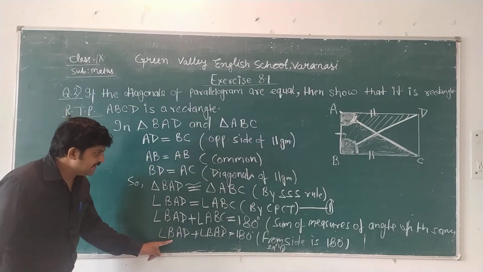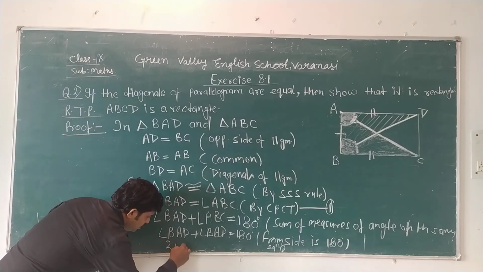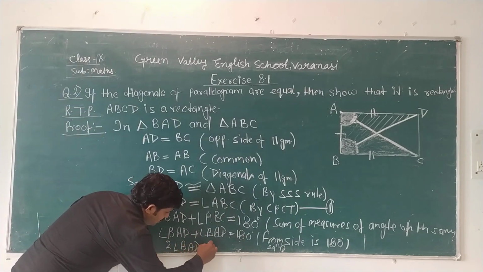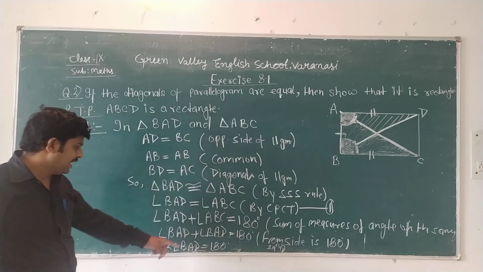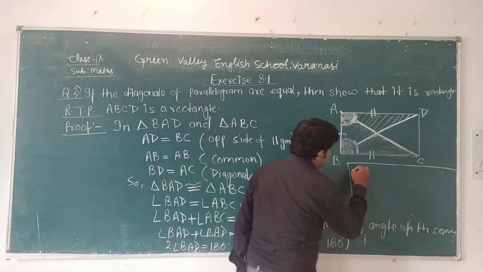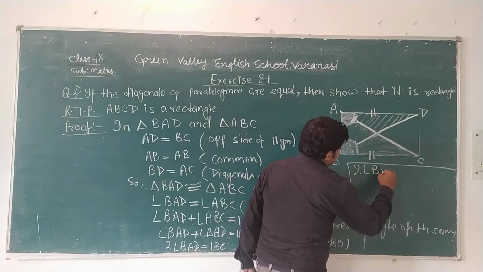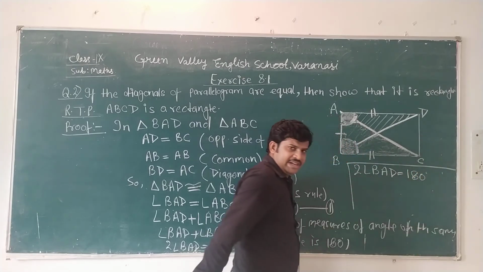So two angle BAD is equal to 180 degrees.